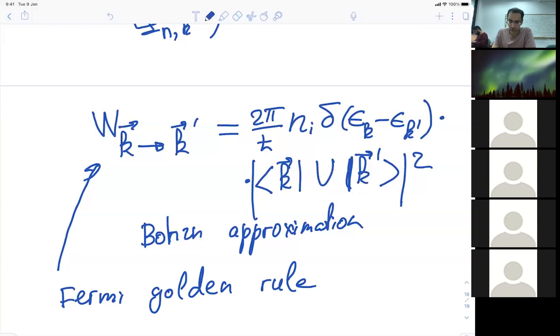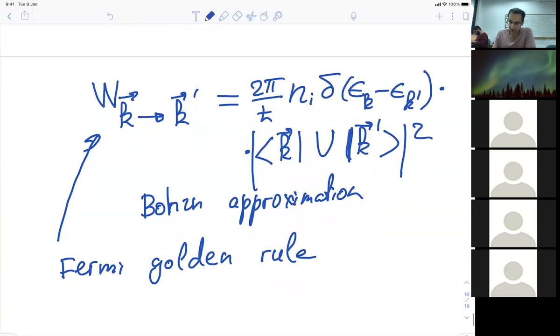The Fermi golden rule tells us that if you have a single impurity, the scattering is restricted to the energy shell. This delta function means that the energy cannot be changed in the process of elastic scattering. A static impurity does not change the energy of the electron.